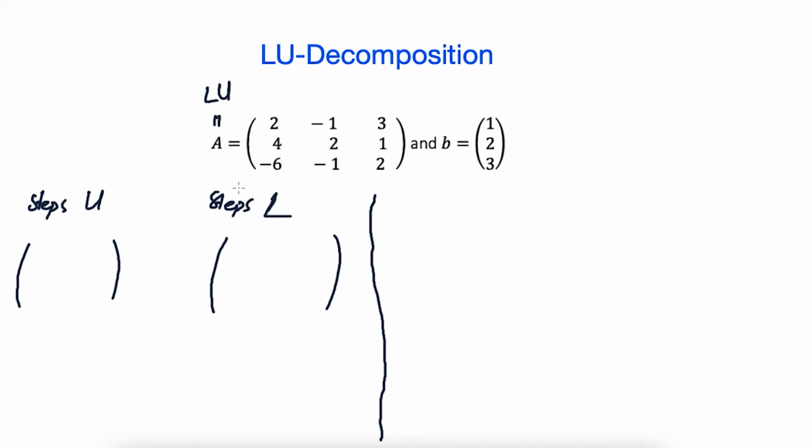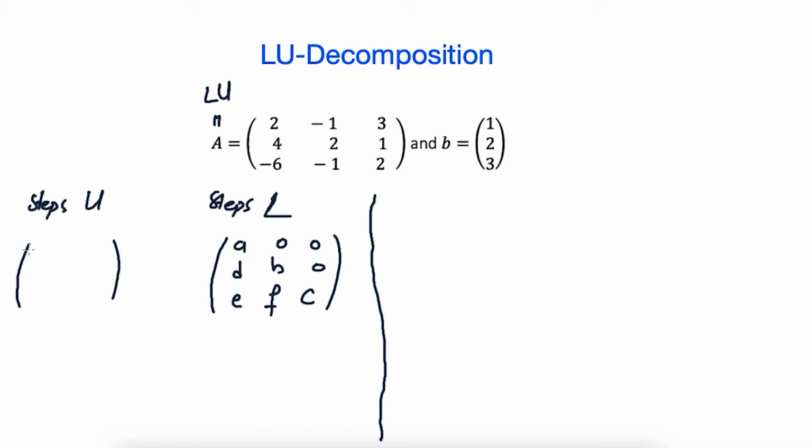So this matrix will be in the form of A, B, C, and 0, 0, and here A, B, C, D, E, F, and we will try to get the values of this matrix.